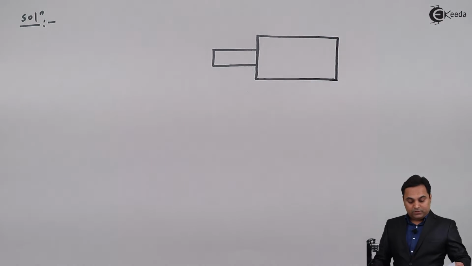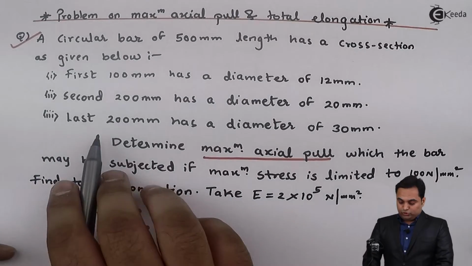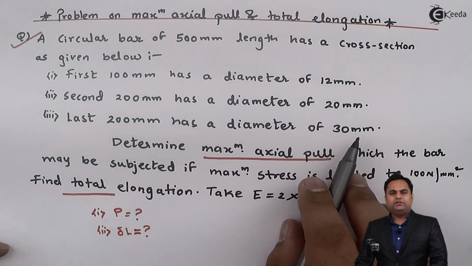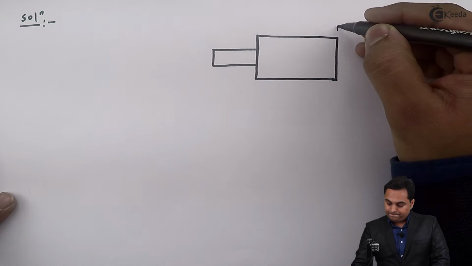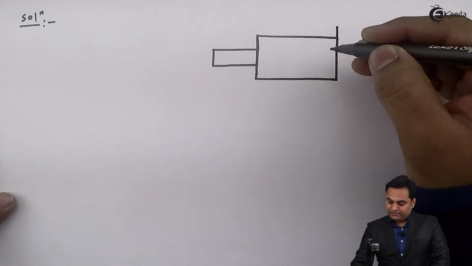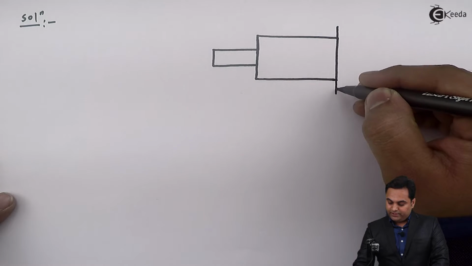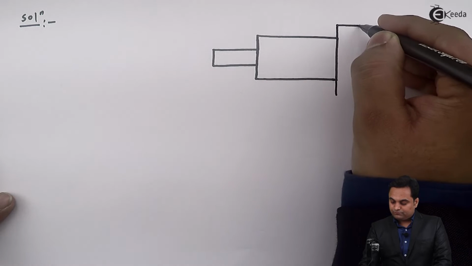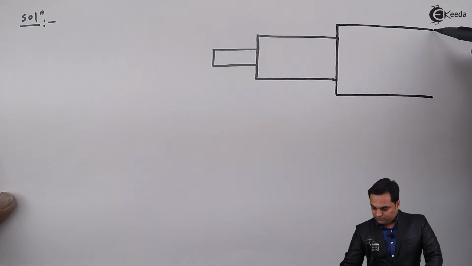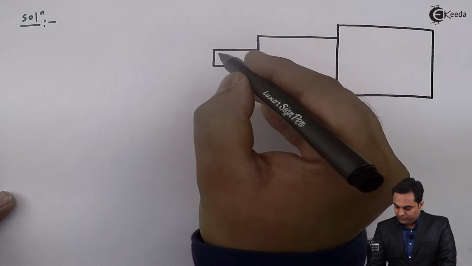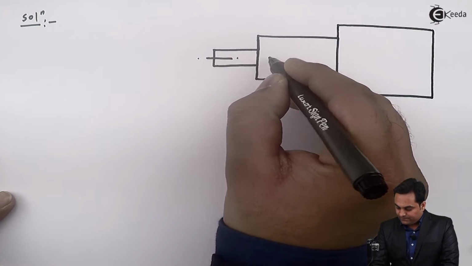Then last 200 mm has a diameter of 30 mm. So after 20 mm the diameter goes up to 30 mm. So here we have this stepped bar.